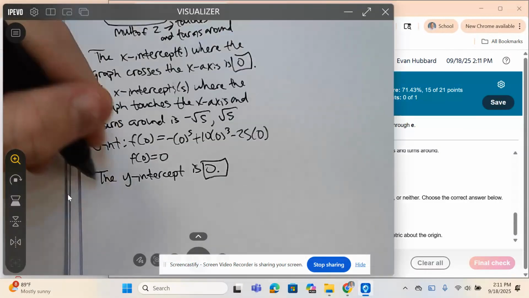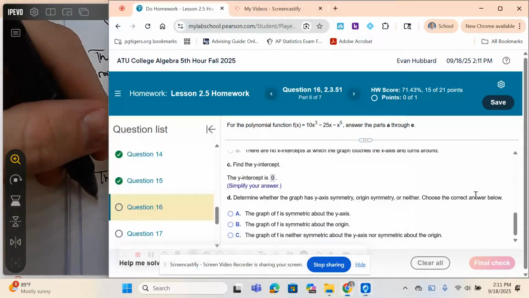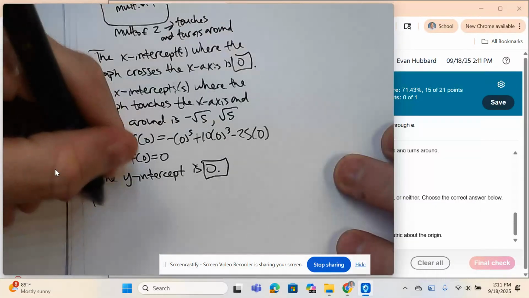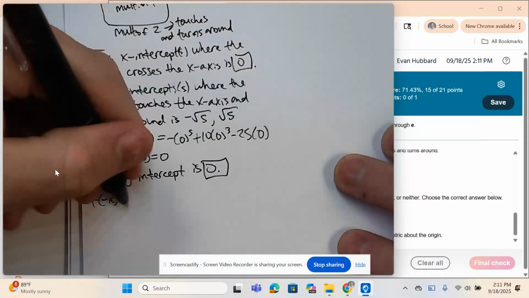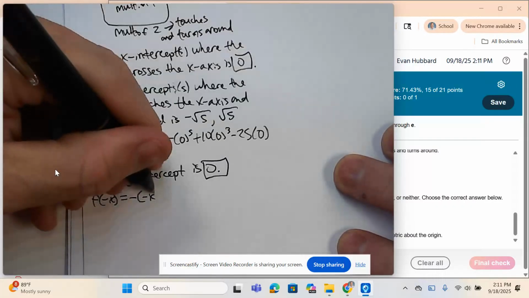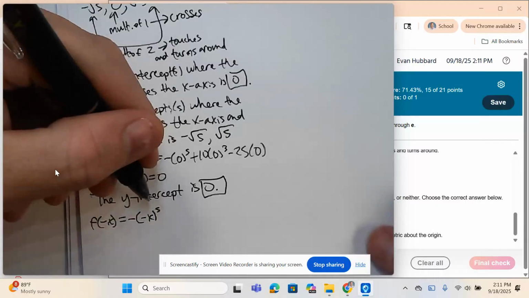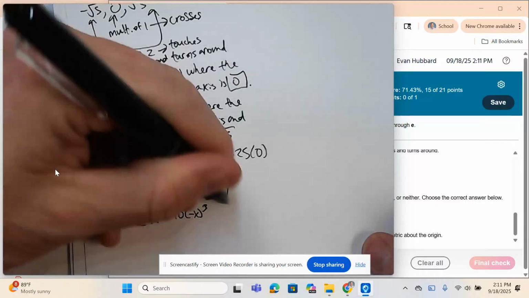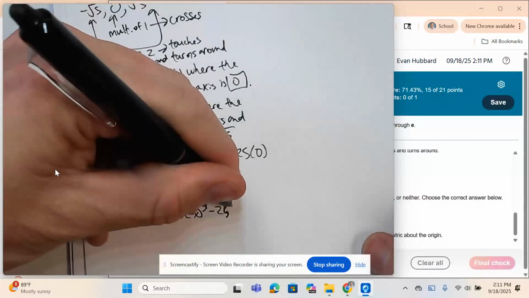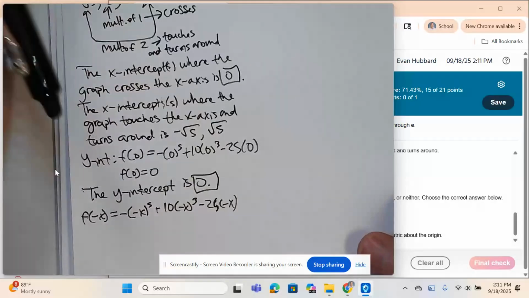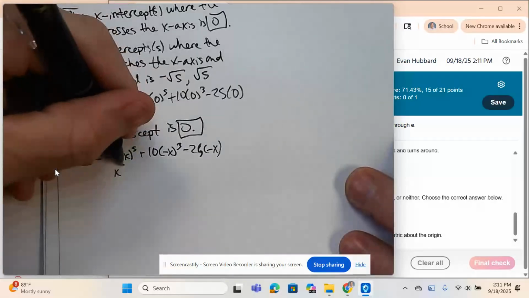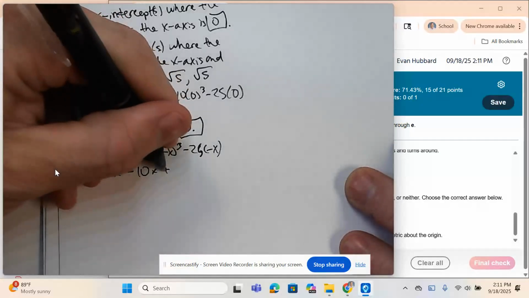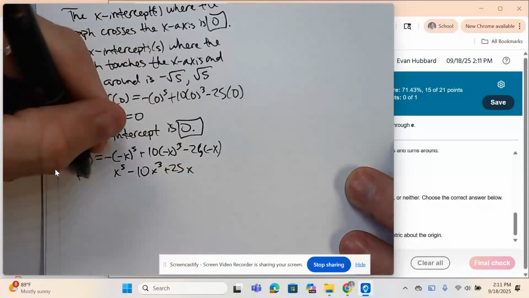So does the graph have origin symmetry, y-axis symmetry, or neither? So f of negative x equals negative times negative x to the 5th plus 10 times negative x to the 3rd minus 25 times negative x. So negative x to the 5th is going to make that negative, it's going to make that positive. It's going to be x to the 5th minus 10x to the 3rd plus 25x.